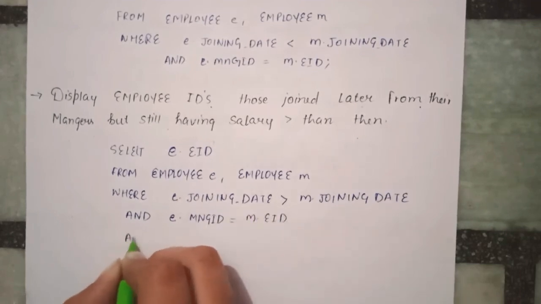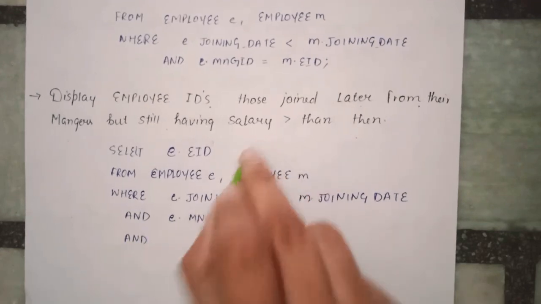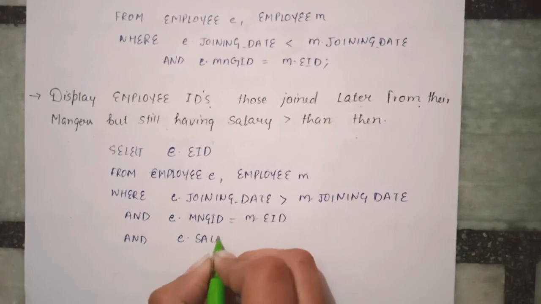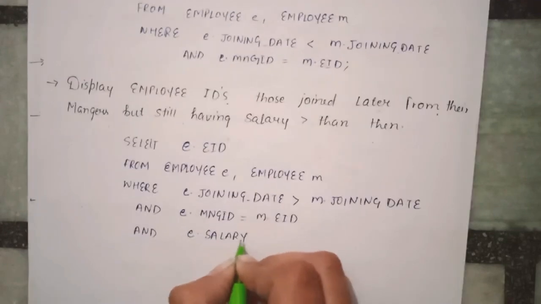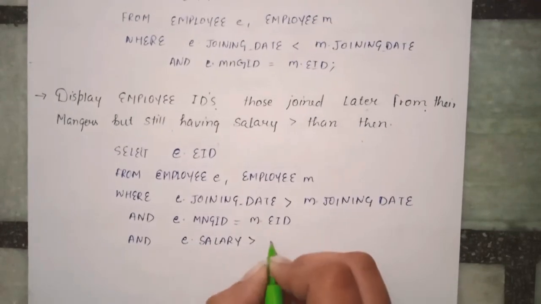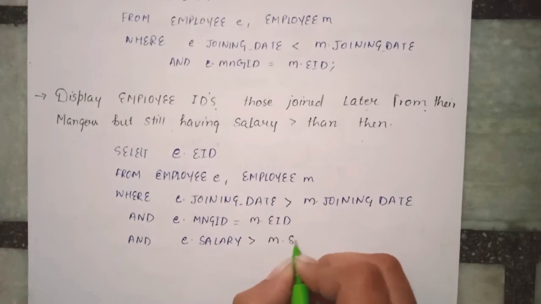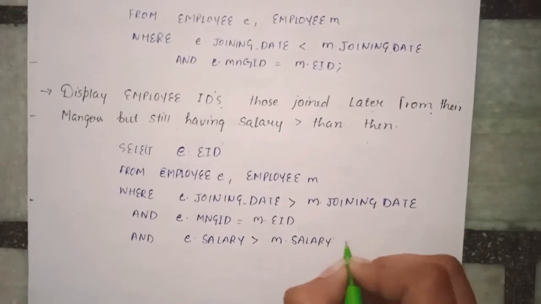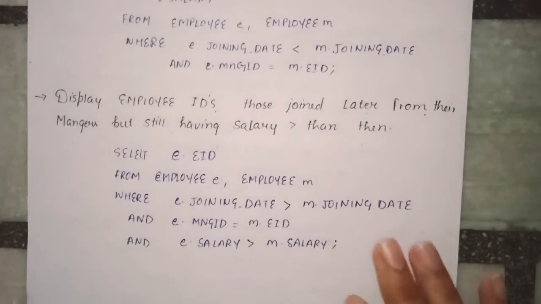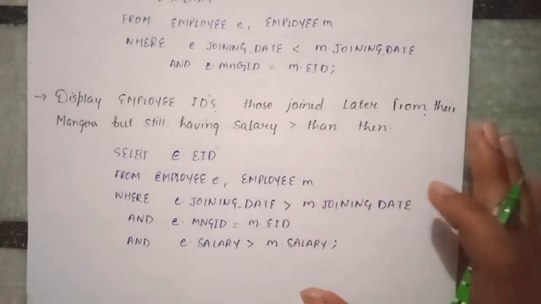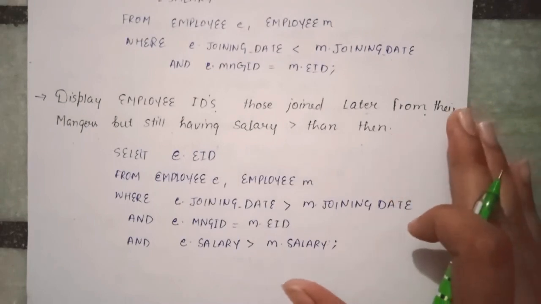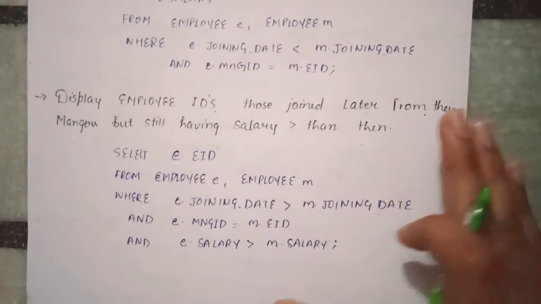And the third condition would be e dot salary greater than m dot salary. Okay, so this is a simple query that will fetch out the employee IDs who joined later than their managers and have a salary greater than their managers.